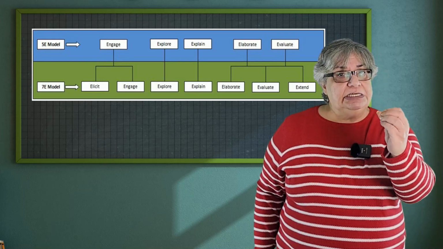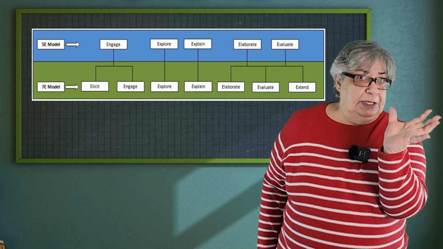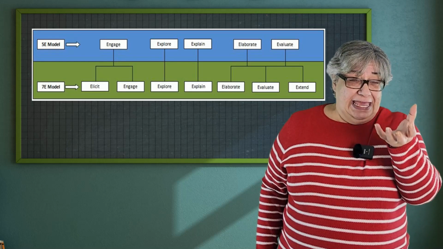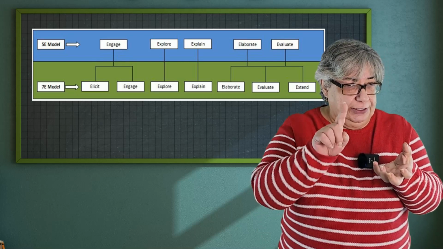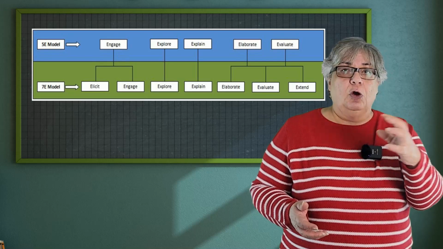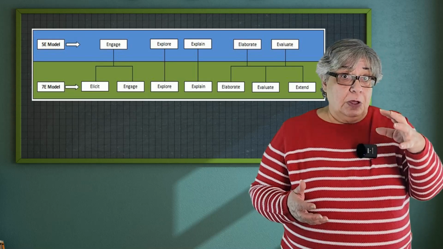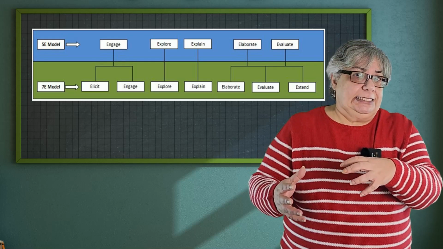Because we need to encourage them to use this knowledge that they have just learned, well, started to learn, let me say, in a related context. So the post activity should also be related.